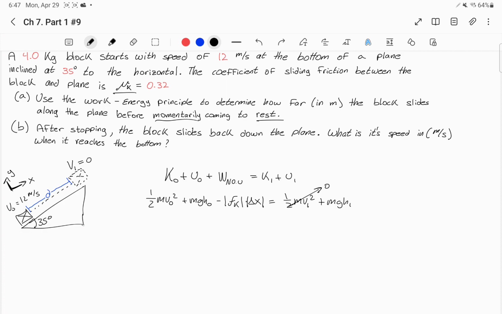Well, the initial height is going to be 0 because the block starts on the floor, and the final height can be rewritten in terms of sine.